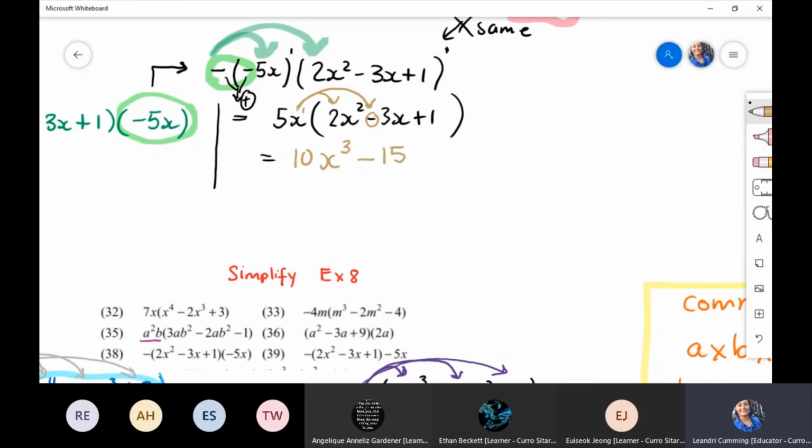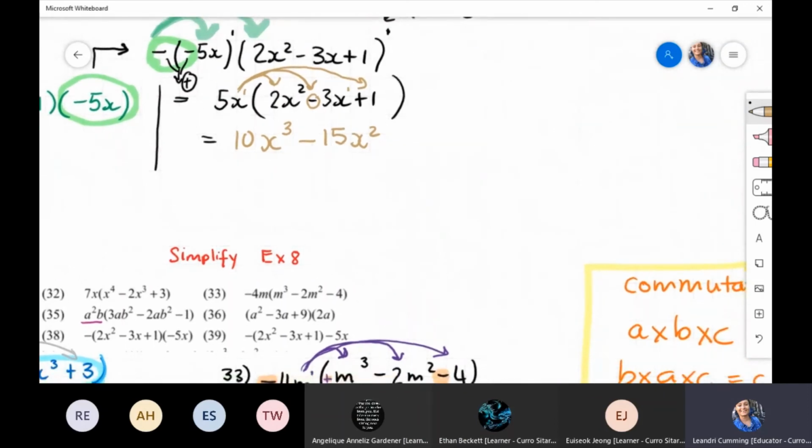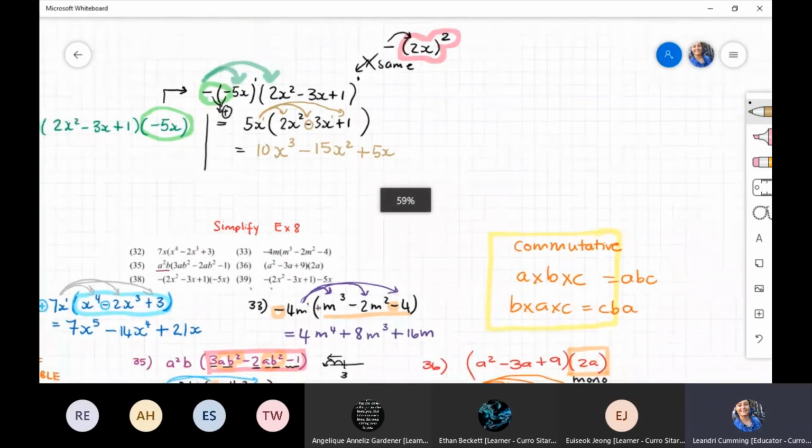X to the power of 1 times x to the power of 1 becomes x to the power of 2. Go back to the 5x and make sure you multiply each term in your bracket with it. And 5 times 1 is a positive, 5x times 1 remains 5x. And 10x cubed minus 15x squared plus 5x is then my final answer.